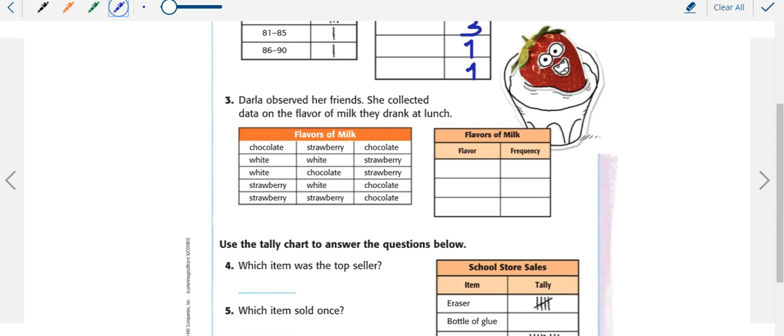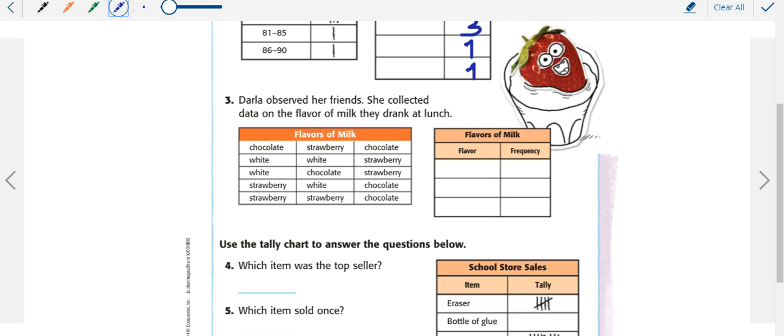Now, number 3. Darla observed her friends. She collected data on the flavor of milk they drank at lunch. Now, flavors of milk: chocolate, strawberry, chocolate, white, strawberry, white, chocolate, strawberry, strawberry, white, chocolate, and strawberry, chocolate.